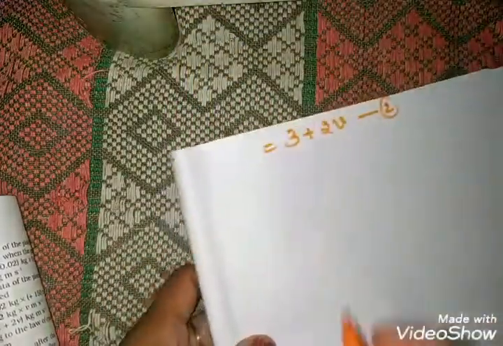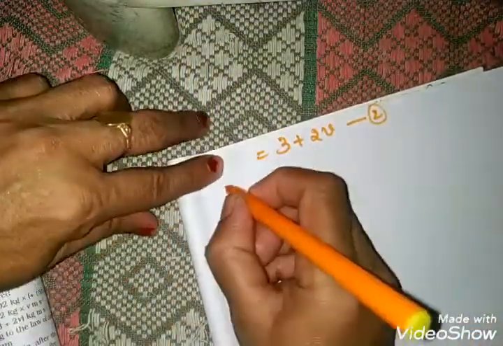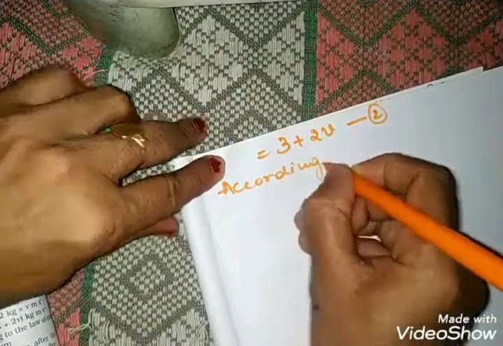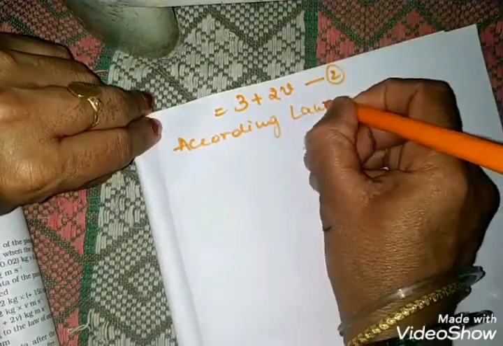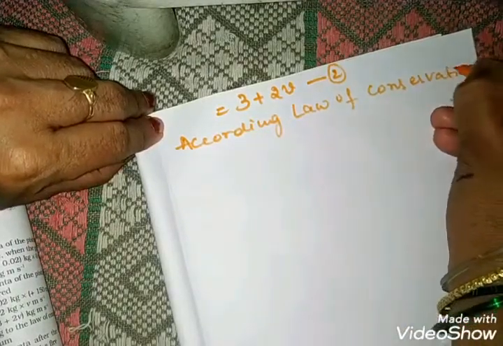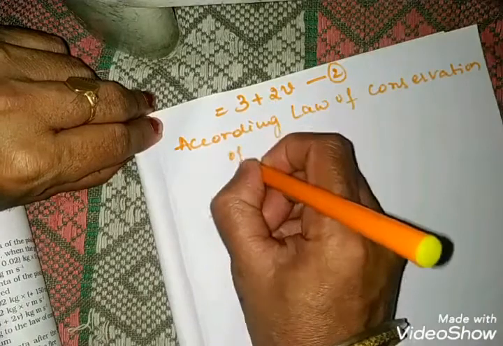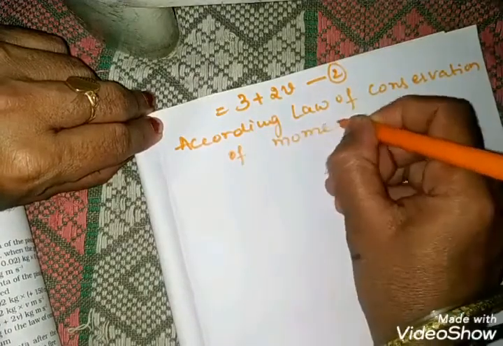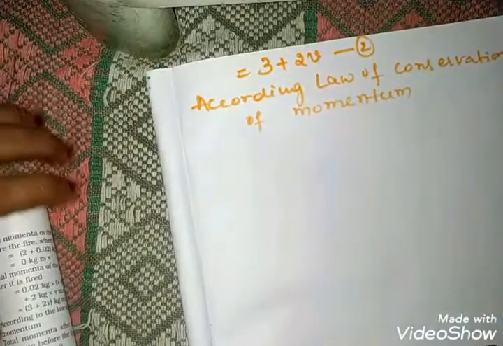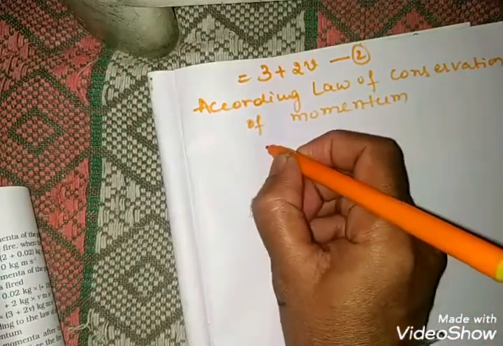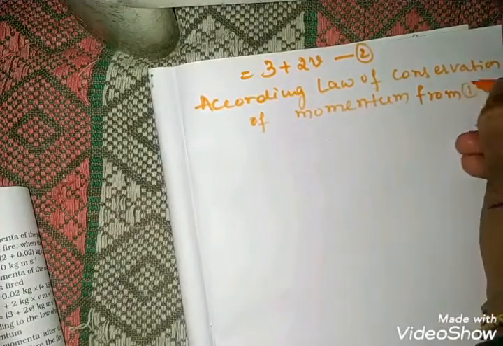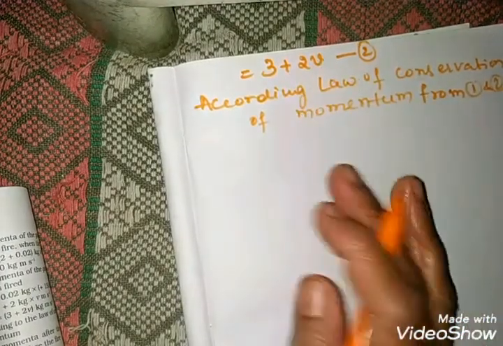So from 1 and 2, let us take up, according to which law? Law of conservation of momentum. Both are equal. The momentum before the reaction is equal to the momentum after the reaction. From 1 and 2 we get that those two are equal.